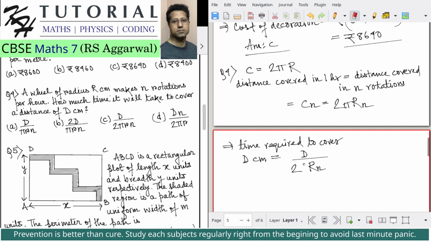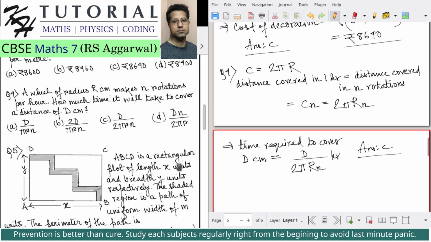This much hour is the time taken by the wheel to cover a distance of d centimeter. So the correct choice is C.